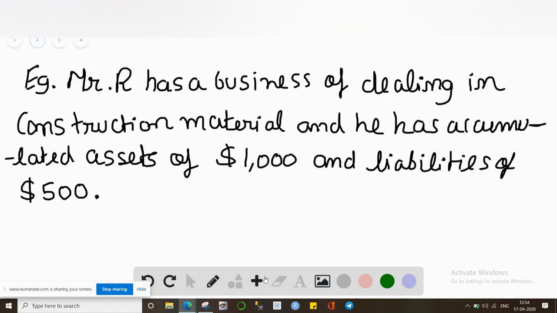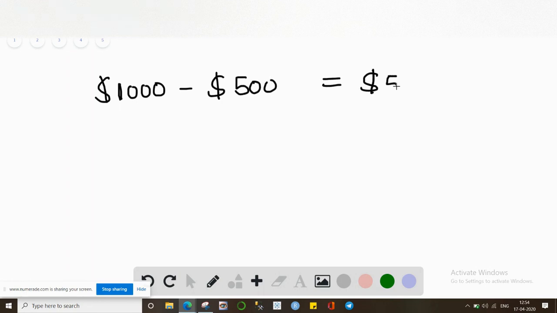Let's do this also. So Mr. Ray has $1,000 of assets, then $500 of liabilities and $500 of equity. So first understand this one.